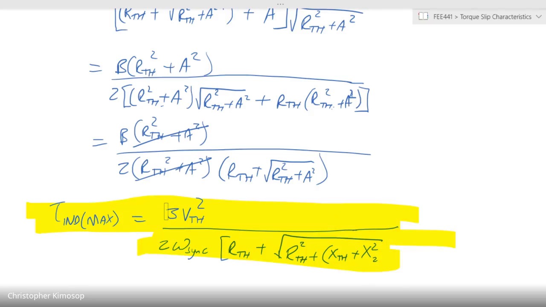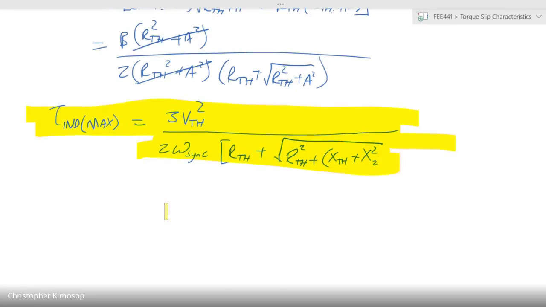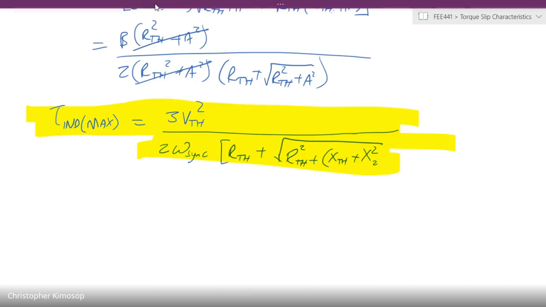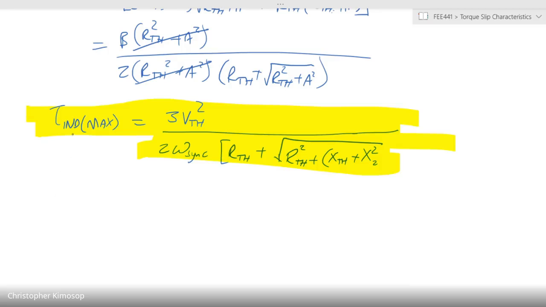Okay. Now, one thing that this shows us is that we have the magnitude of the induced torque itself, right? Based on this, the maximum induced torque, that magnitude is only dependent on these variables that you have here. However, Thevenin voltage is a fixed value. Synchronous speed is a fixed value.